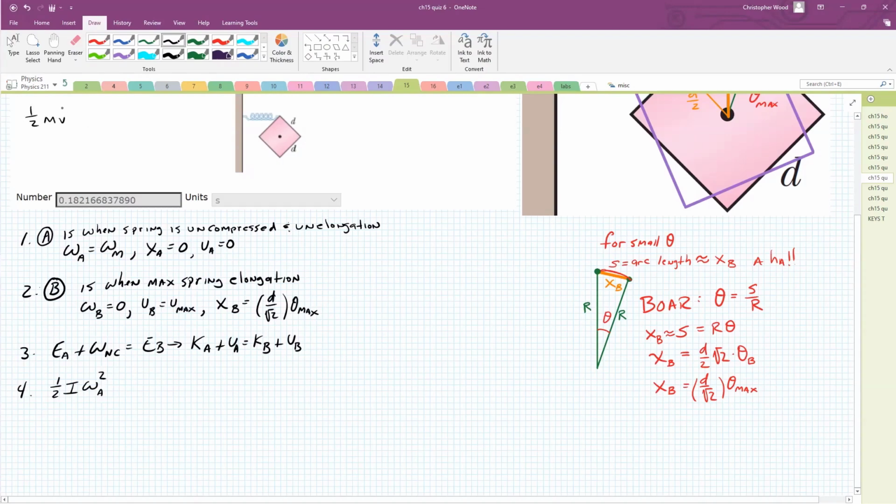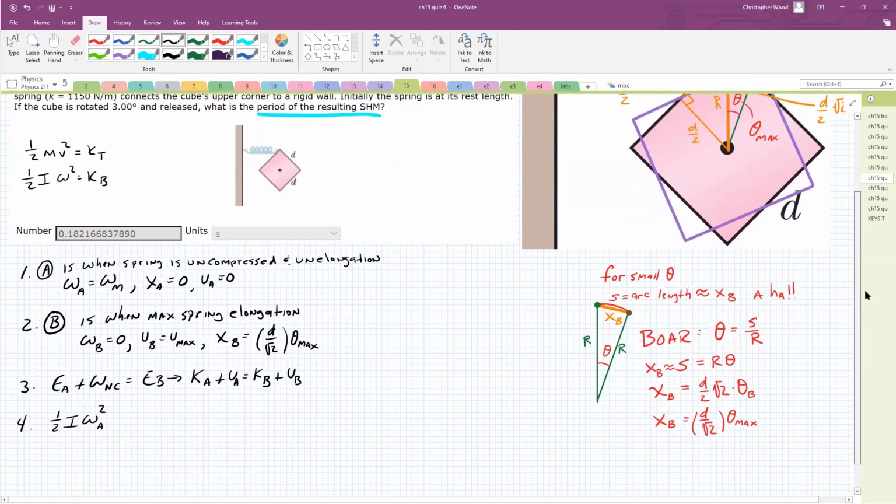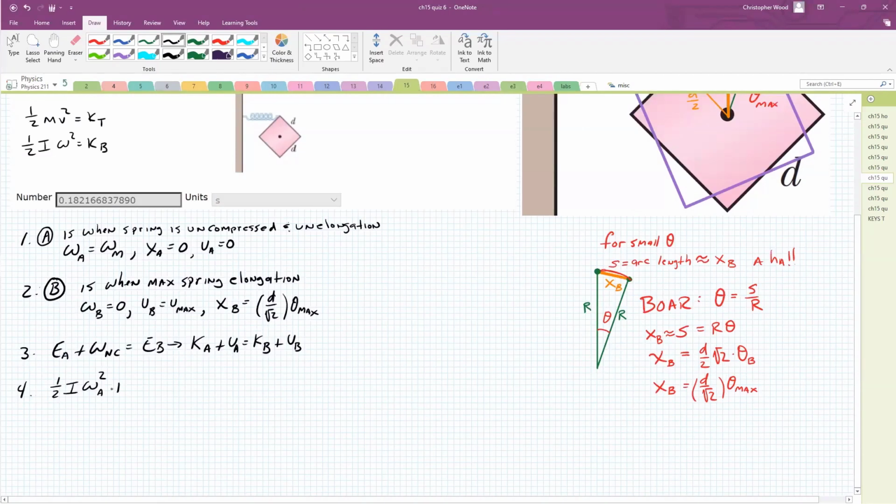Because there's no linear motion. 1/2 mv squared is translational kinetic energy. 1/2 I omega squared is rotational kinetic energy. And this is pure rotation. It's not translation. It's not a combination of both. So this is my kinetic energy at A, which is that halfway point. I don't have any elastic potential energy at A because the spring is completely relaxed.